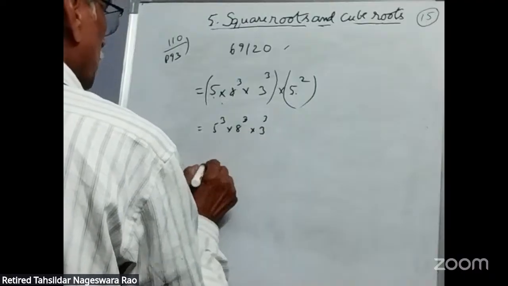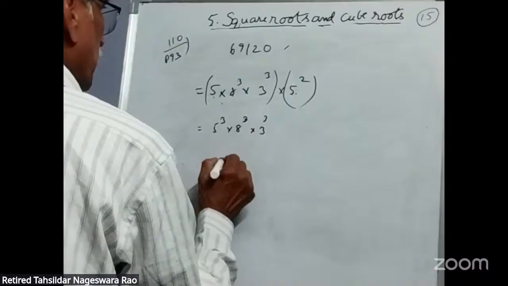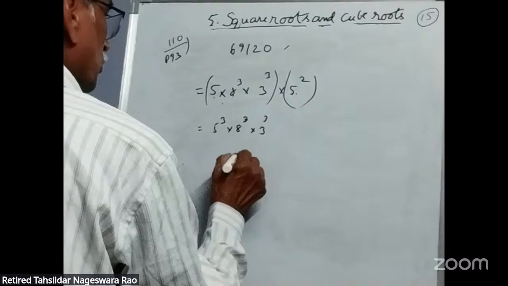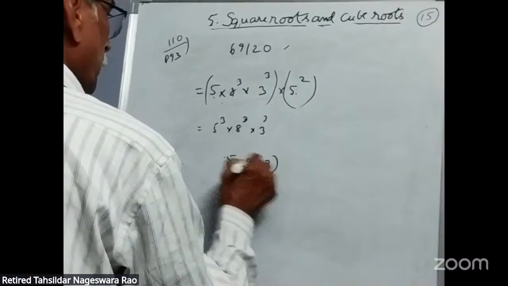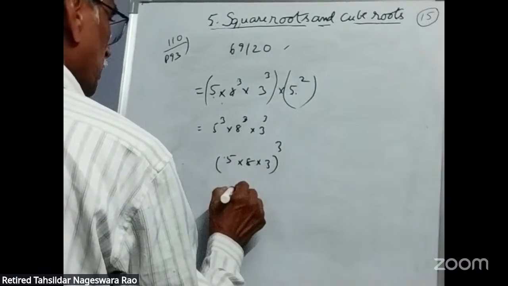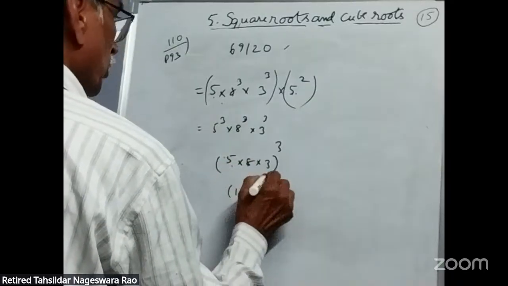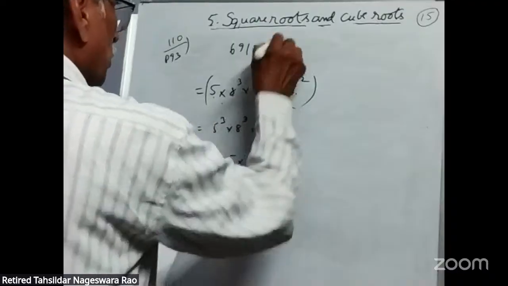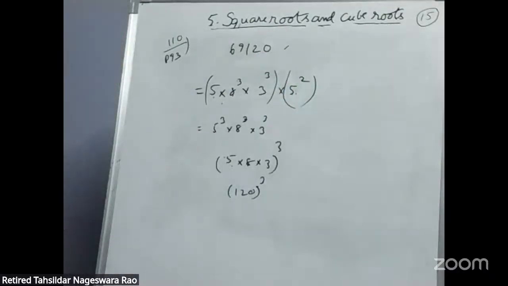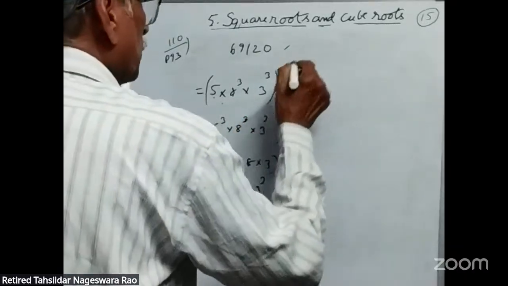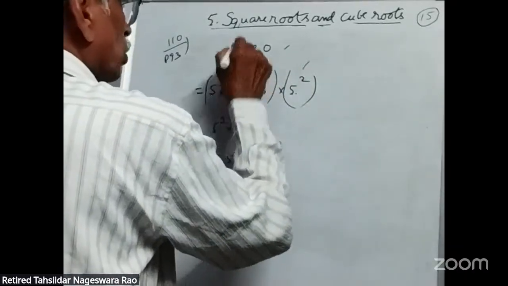This one is the perfect cube, that is 5 into 8 into 3, which is 120. 120 cube will be this one. You can cross check.